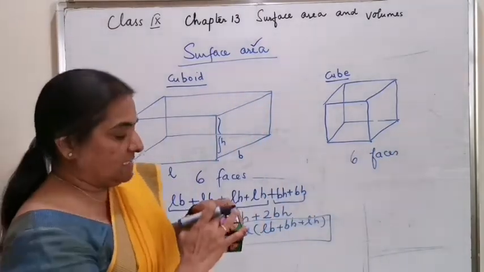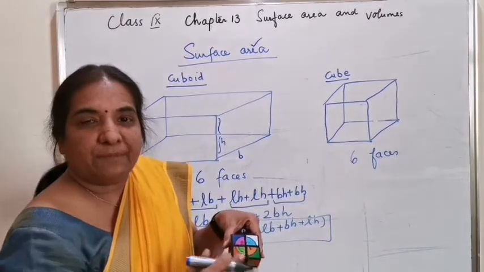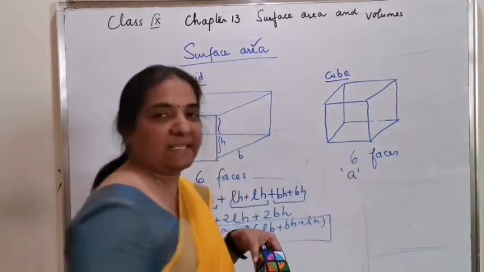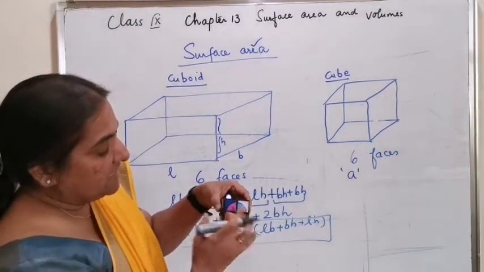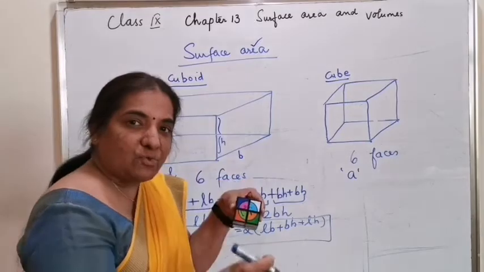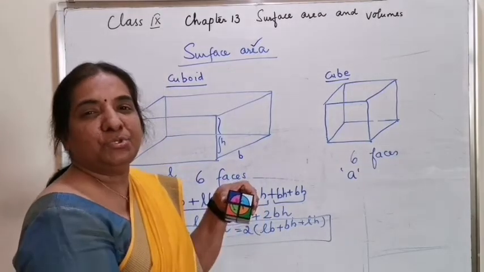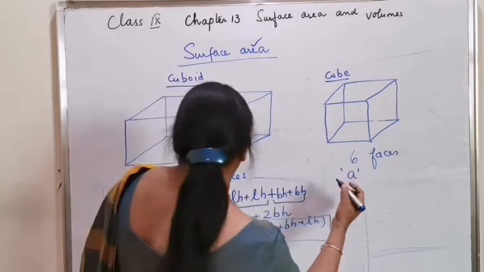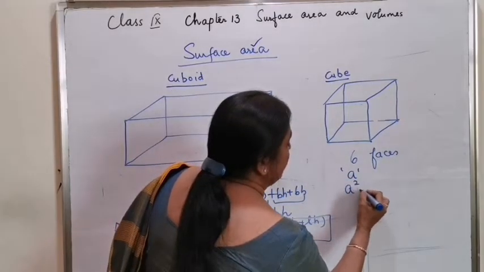All the faces are of square shape. Normally we take the side of a square as A. What is the area of one of the faces? Area of a square is side into side. So A into A. So the surface area is A square.